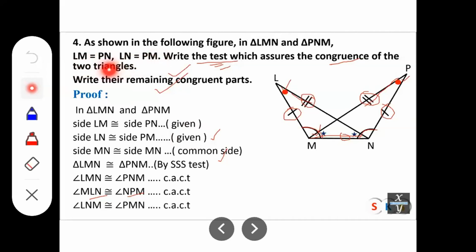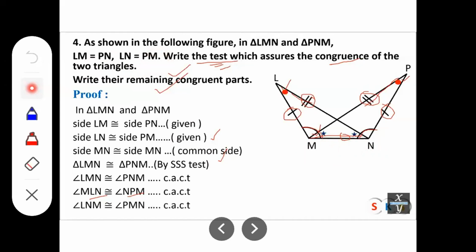The one side we have to identify is the common side, side MN, which is congruent to side MN as it is common in both the triangles.